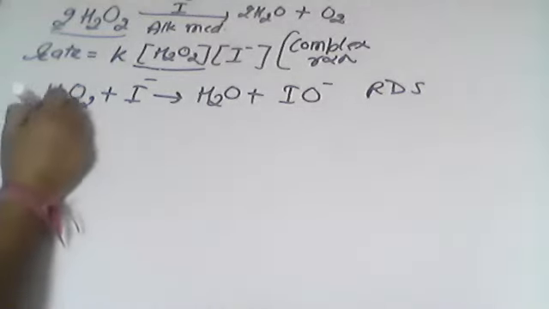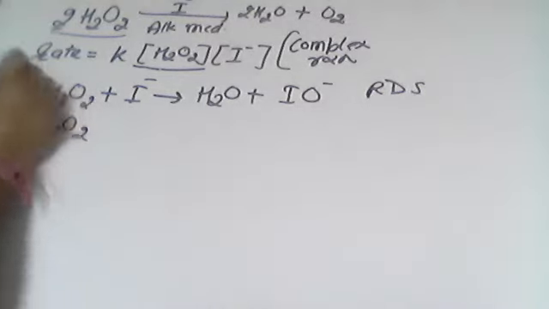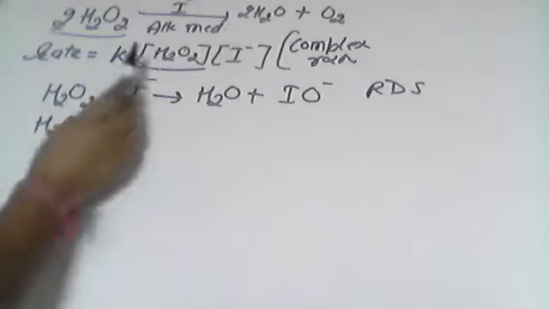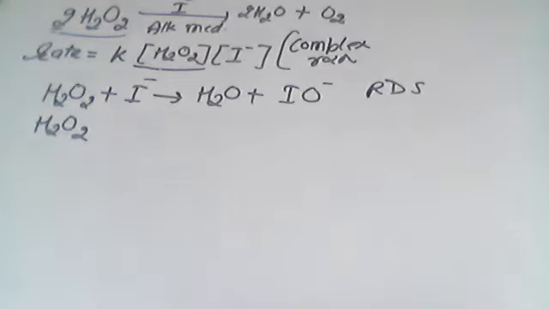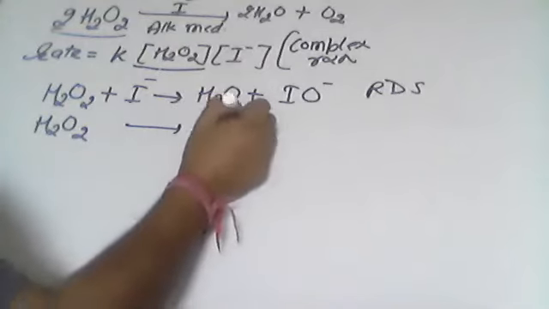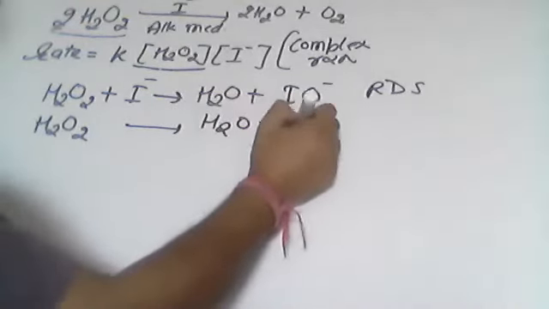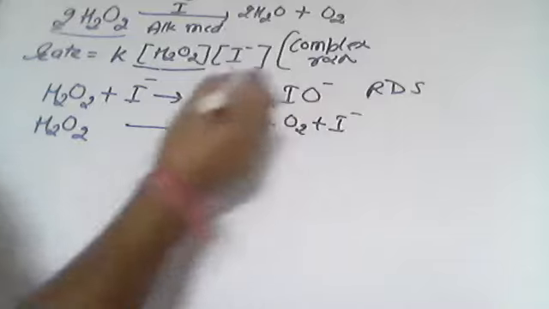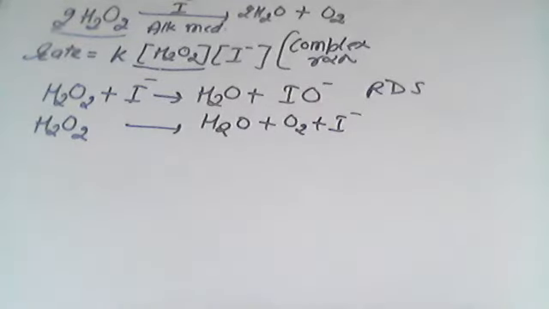In the next step, the second molecule of hydrogen peroxide, because we have 2 molecules of hydrogen peroxide. If this took place in one step, everything would be covered in one step, but it's not going in one step. So in the second step, H2O2 further reacts with IO negative to give H2O plus O2 plus I negative.